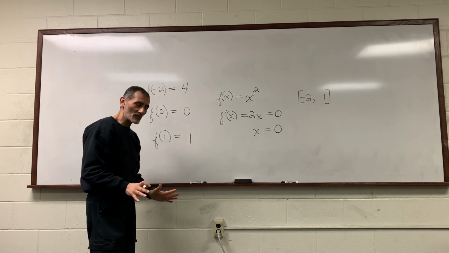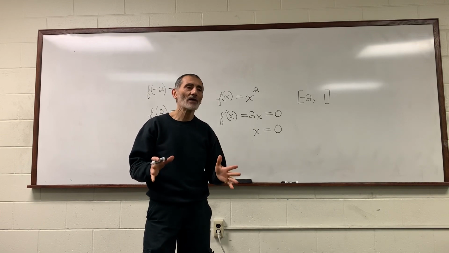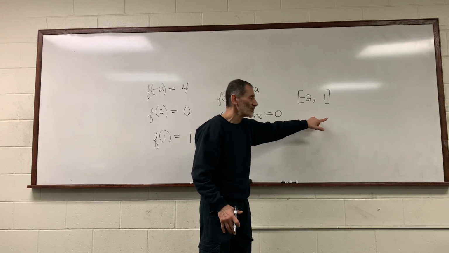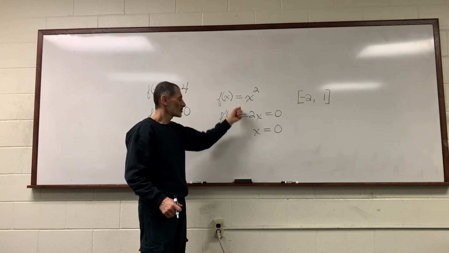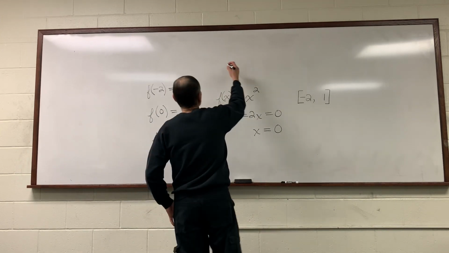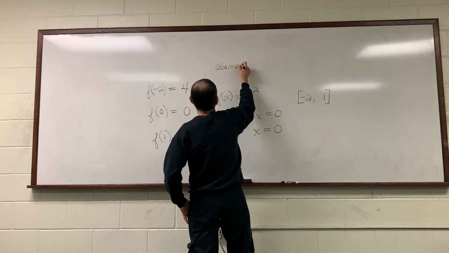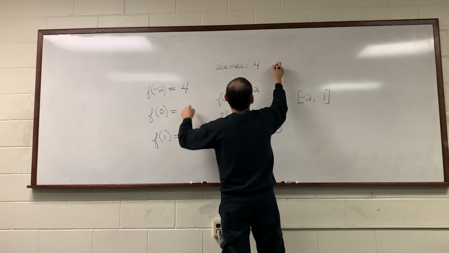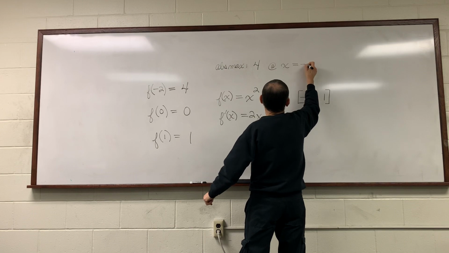Therefore, now remember, our maximum and minimum values are y values. They are values of the function. The x values are simply locations where the function takes on those values. So, our absolute maximum is 4 at x equals -2.